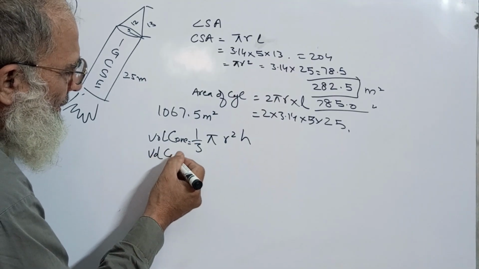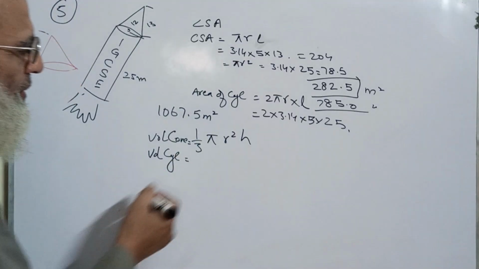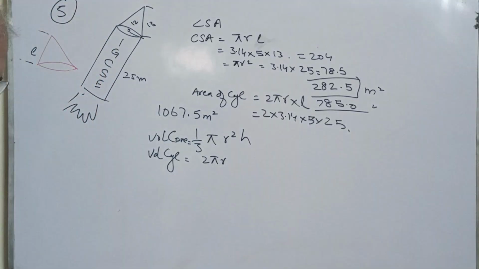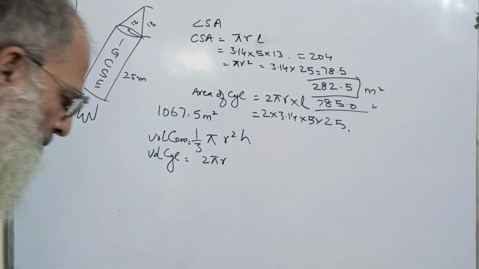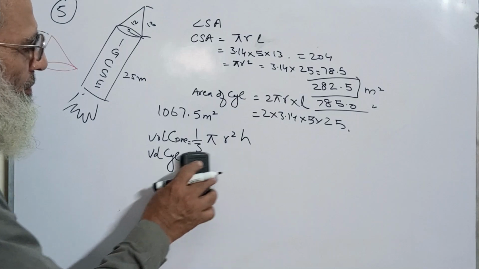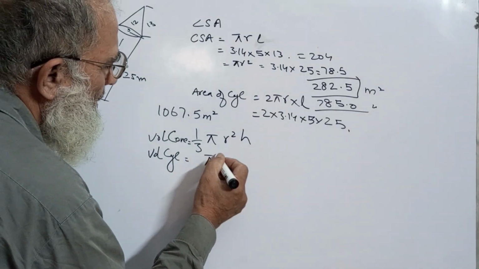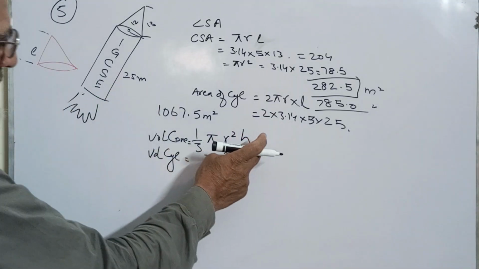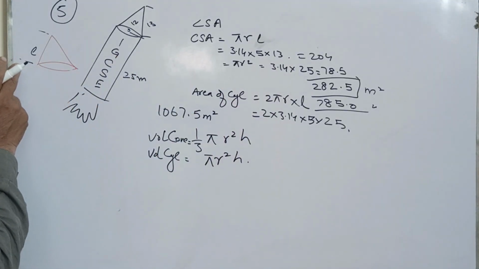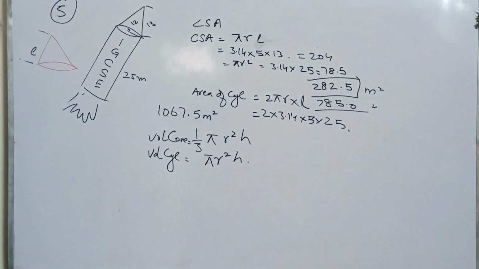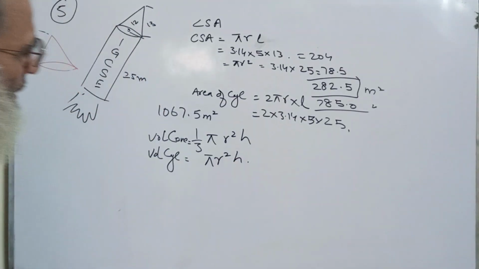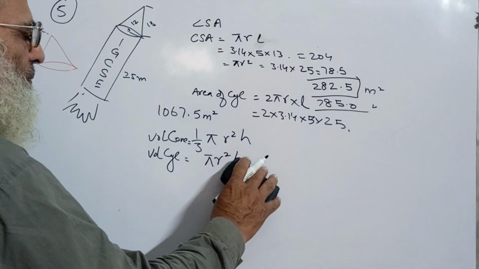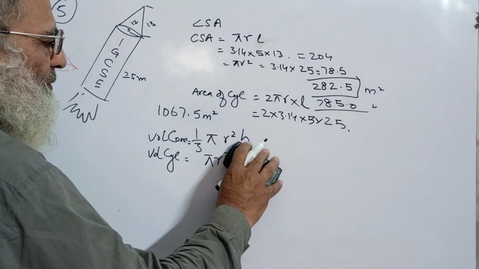Volume of cylinder is pi r squared multiplied by h. This h is different here, and this h is different. Let me just distinguish between them.